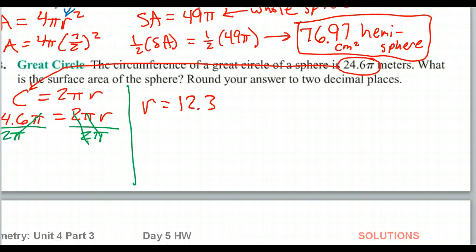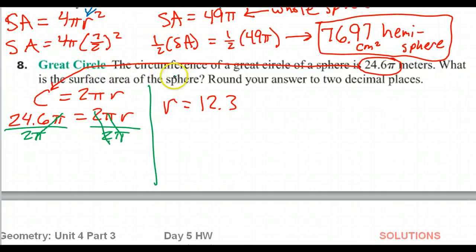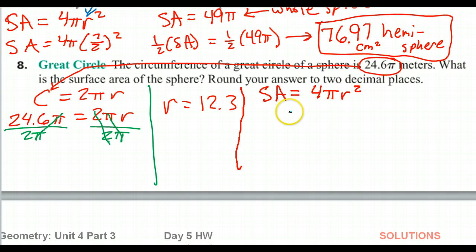So now, what do they ask us for? What is the surface area of the sphere? So we had to find the radius first, but now we're not done because we have to go on and find the surface area. You know that the surface area is 4 pi r squared. So we will just take this radius and substitute it in right here.